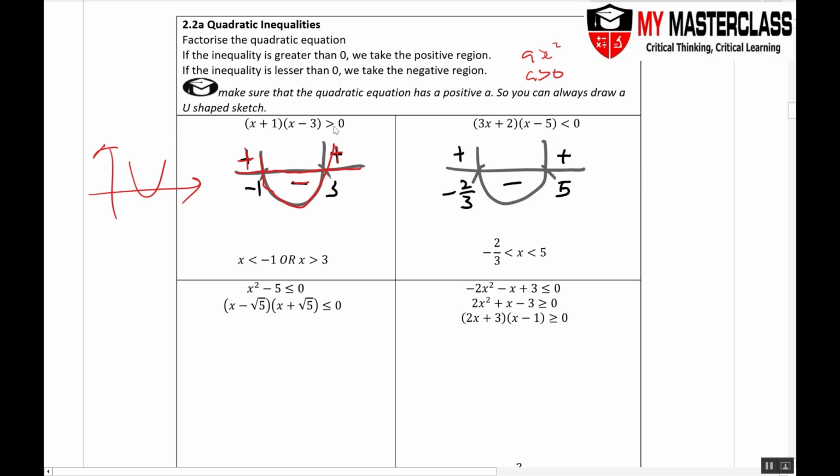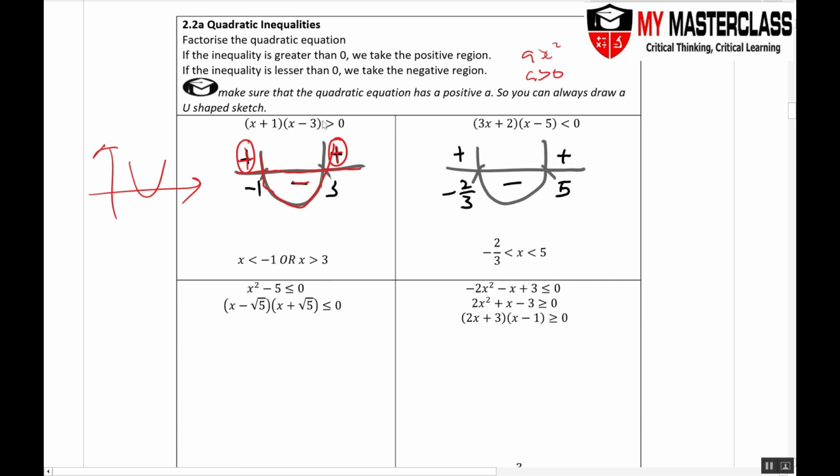If it's more than 0, I'm going to take the two plus regions. So the region I'm interested in for the solution is anything less than -1, so x less than -1, or the other region, anything more than 3, so x more than 3.